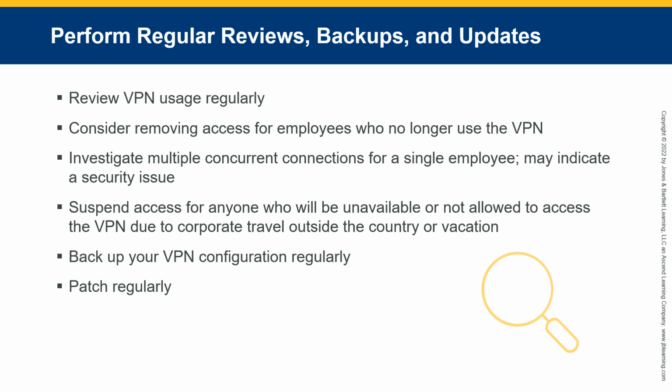You may also want to investigate when a single employee is working from home in Akron, Ohio, and then there's another connection from them sourced from, say, Nairobi, Kenya. That might be a hint that something isn't right there. So these are things you want to check for, and make sure there are no concurrent connections coming in.